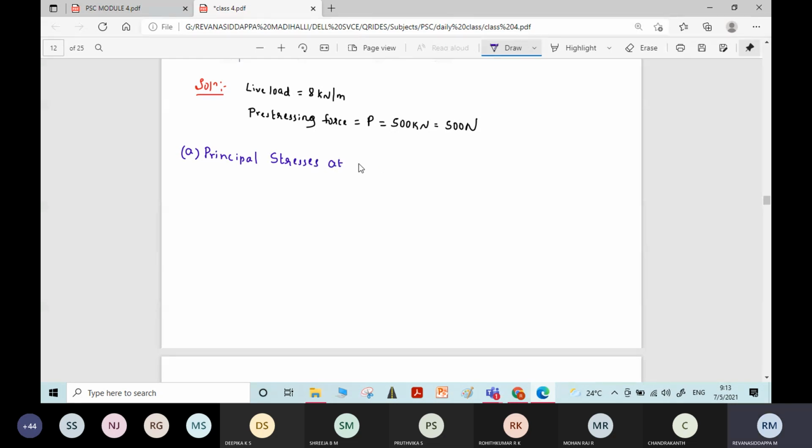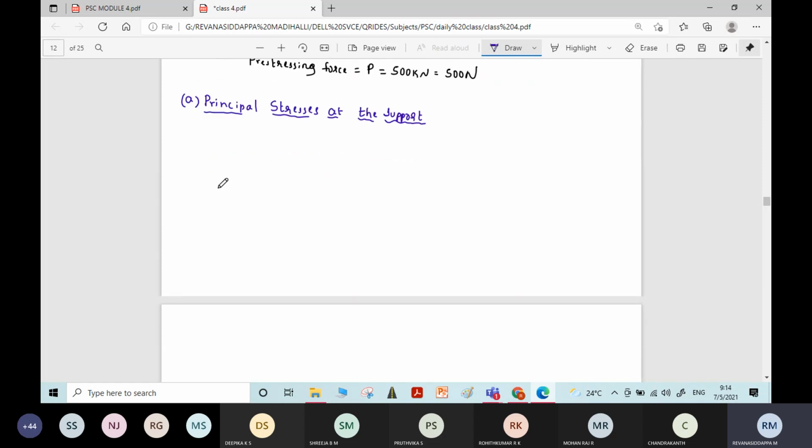Okay, we have the formula, right? That formula you write, and whatever the required parameters to be determined, you find and substitute, you will get the answer.